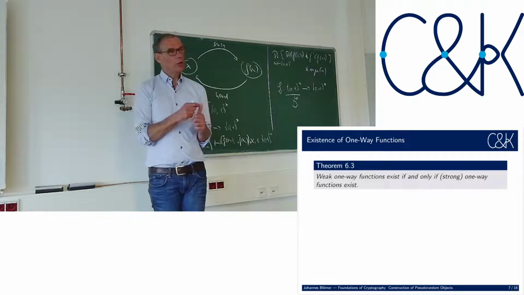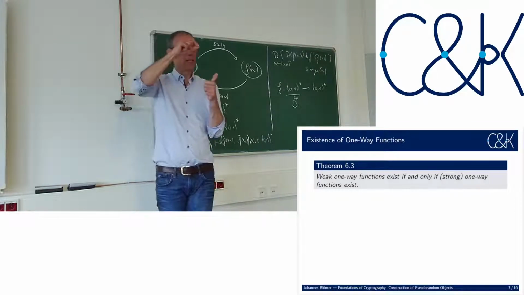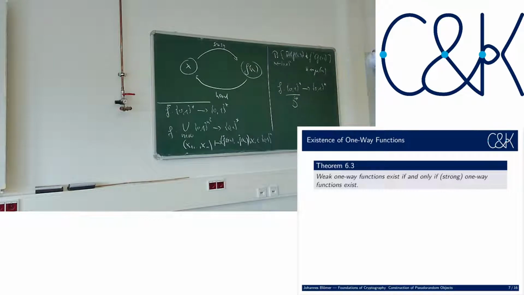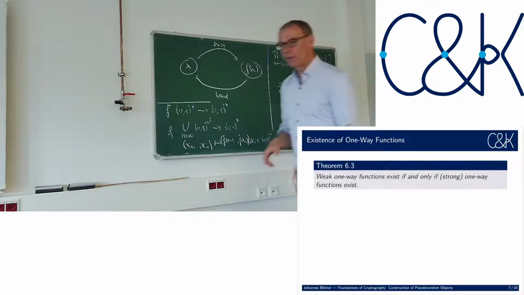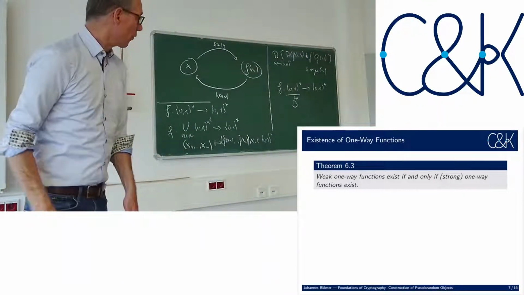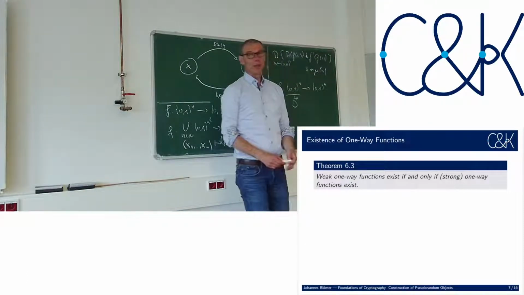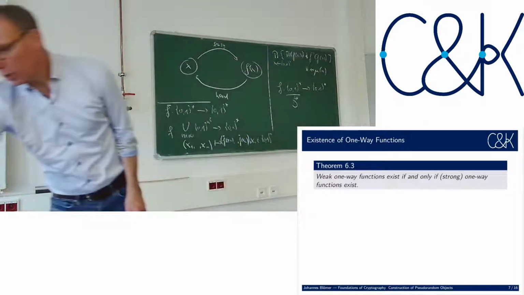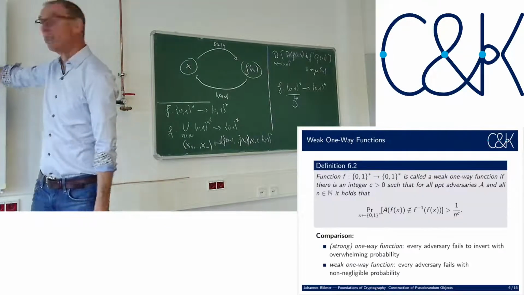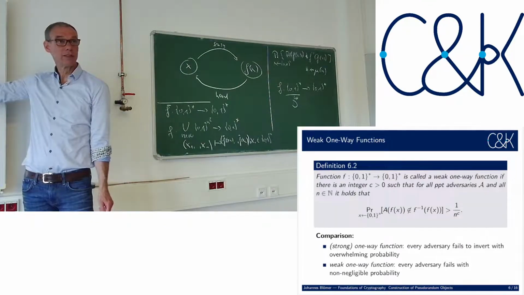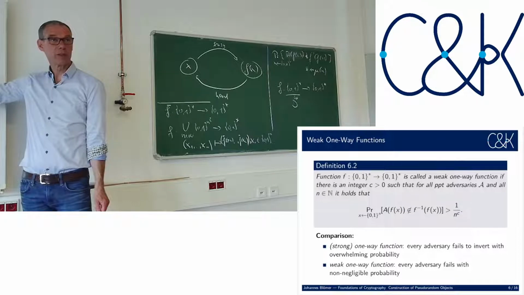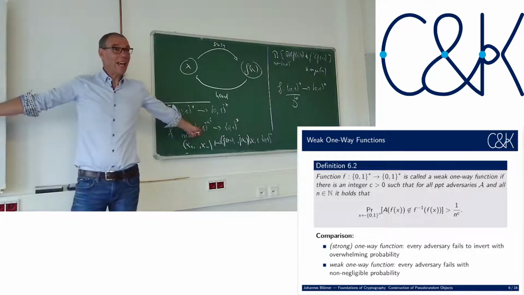Instead of finding one pre-image for f bar, you have to find n pre-images for f bar. It's hard to invert f bar with non-negligible probability, but then you have to do it n times.